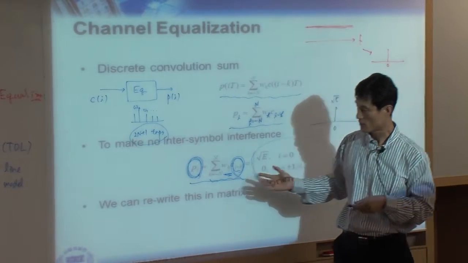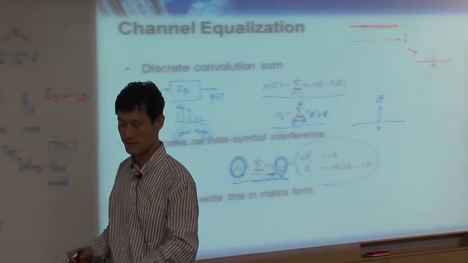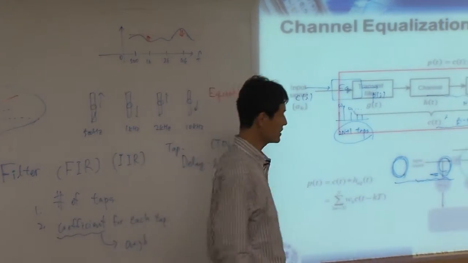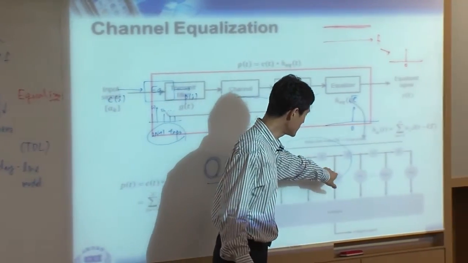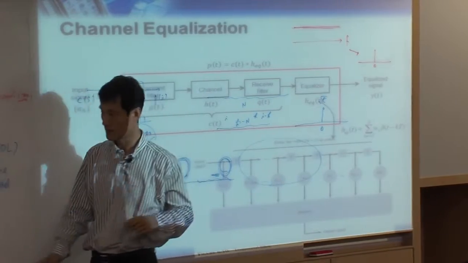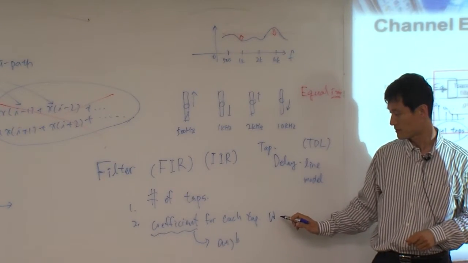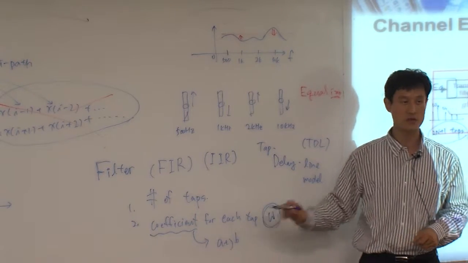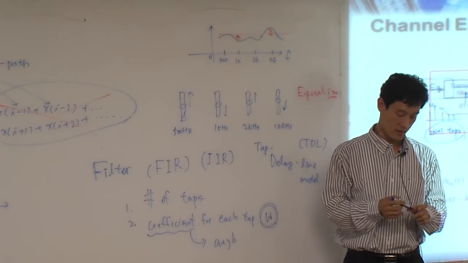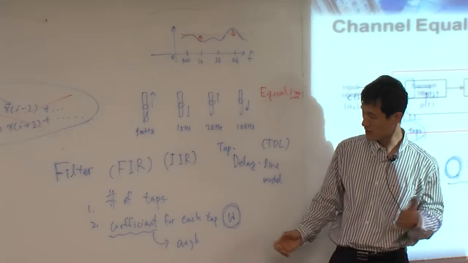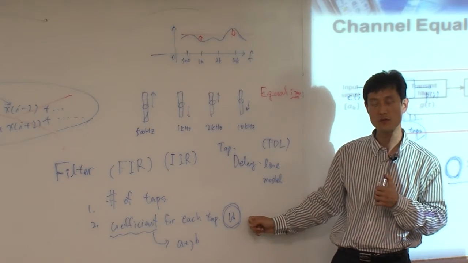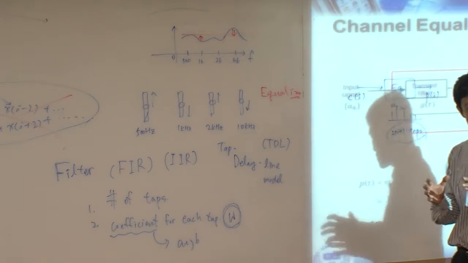Because what is W? Going back here. W is the filter coefficients. That's W. This one. This is W. Filter coefficients. And what we are trying to do here is to calculate W. Because we are doing filter design.